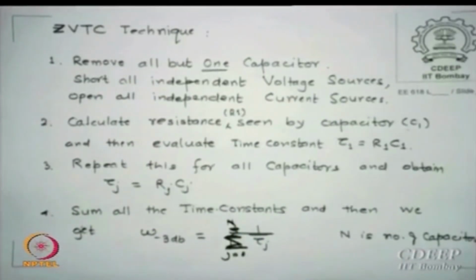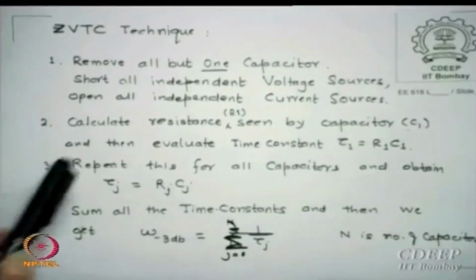Whenever you want to find an R, what is the technique? Apply source, find the current, short everything, same technique, nothing great. Open all independent current sources, and short all independent voltage sources. So gm VGS is not an independent source. It is dependent on VGS, so don't short it or open it.